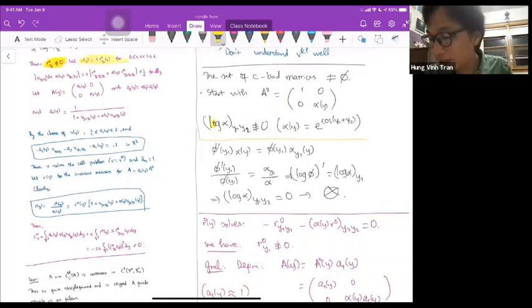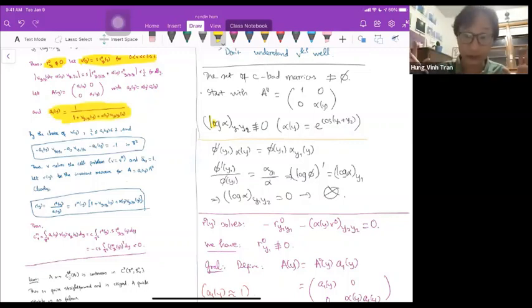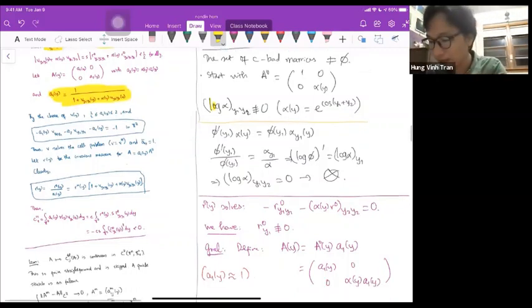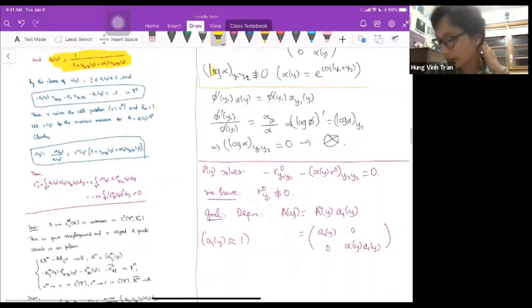So I take v just to be a small constant multiplied with R naught of y1. Let's take it for granted to be like this, and then I'll explain why we chose it.